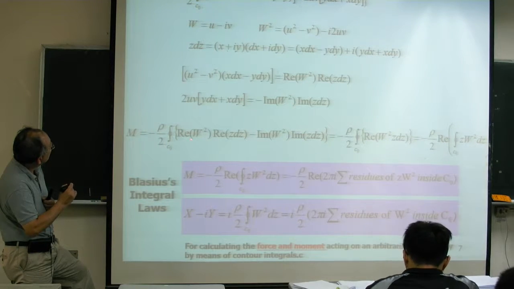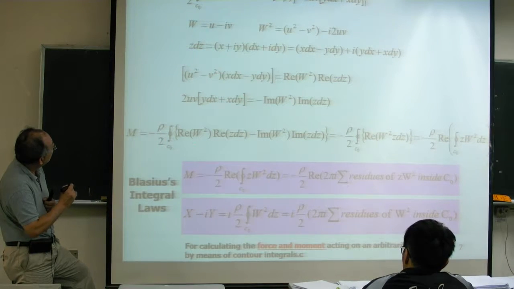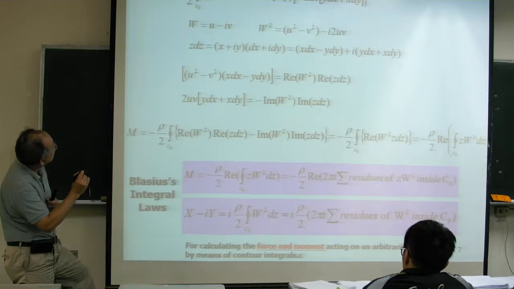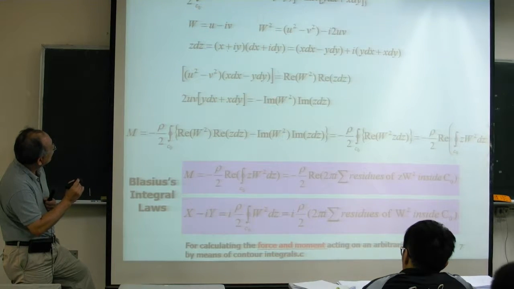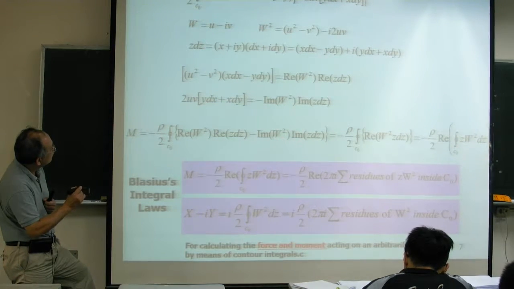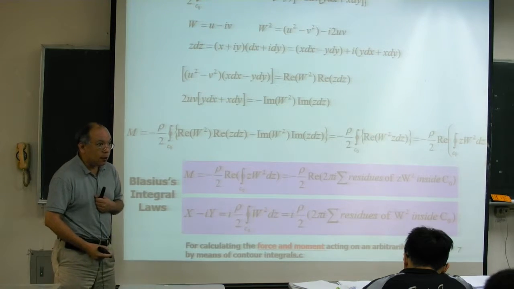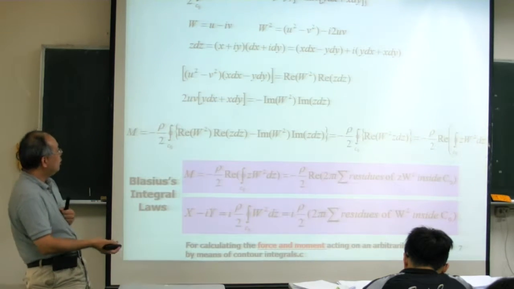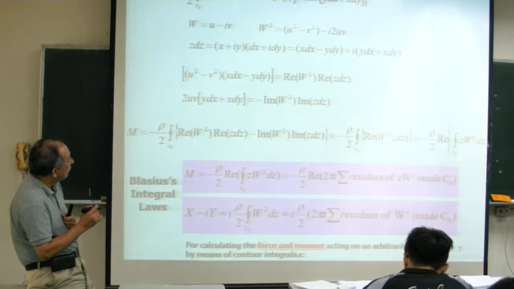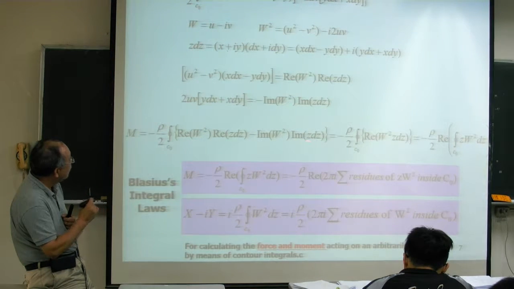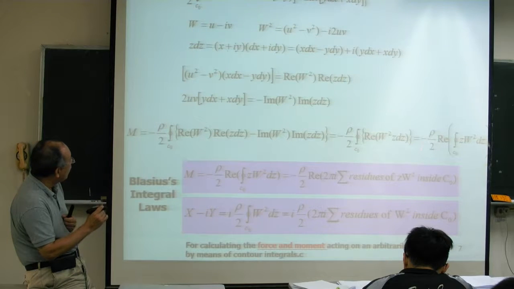This term here is equal to this, and this term here equal to this minus the imaginary part times the imaginary part. And then finally you can get this one, which will eventually become like this.